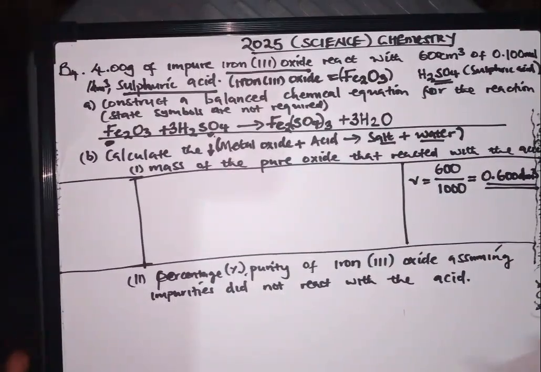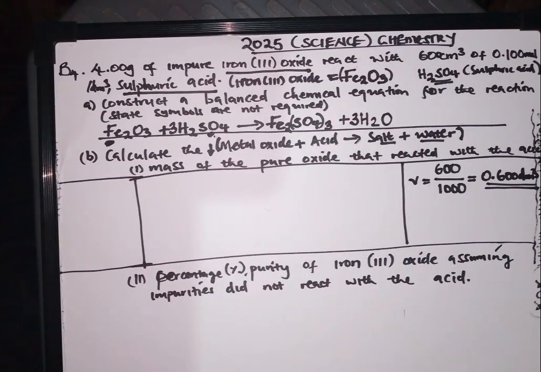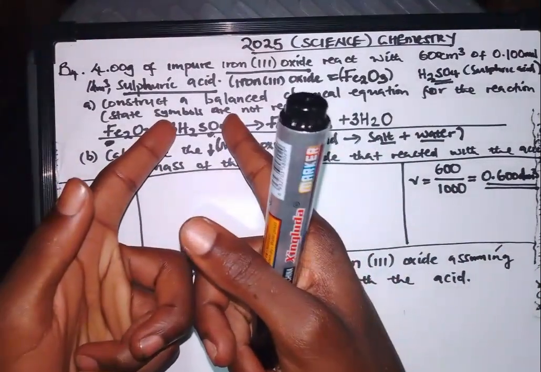So once we have converted the volume to decimeter, we can now calculate the number of moles for what? For sulfuric acid.